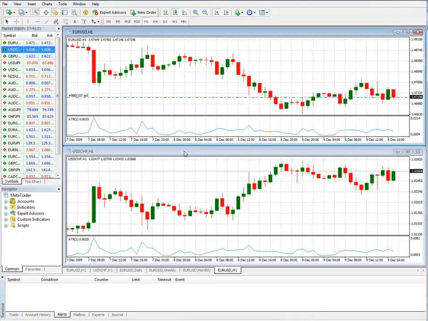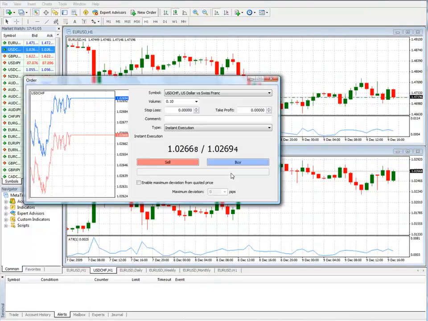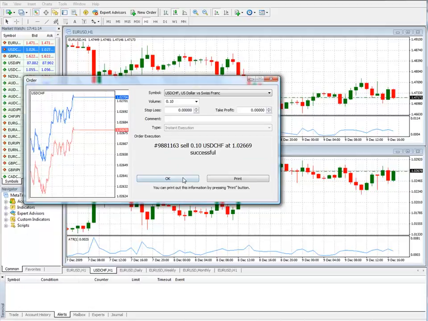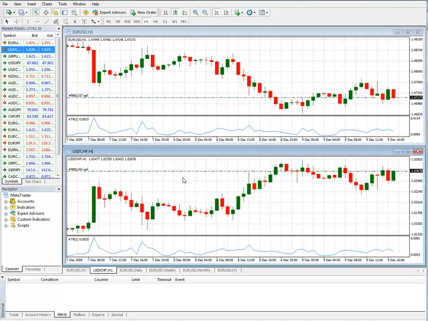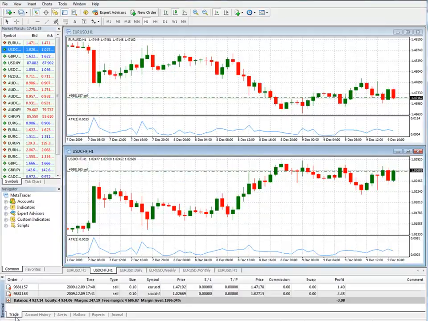I've sold that. Now what I'm going to do is I'm going to immediately go down here and I'm going to sell the US dollar Swiss franc. Okay, so sold that.